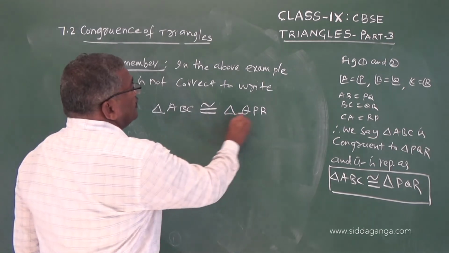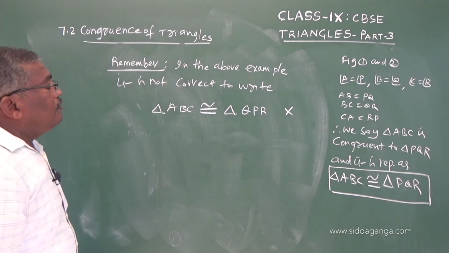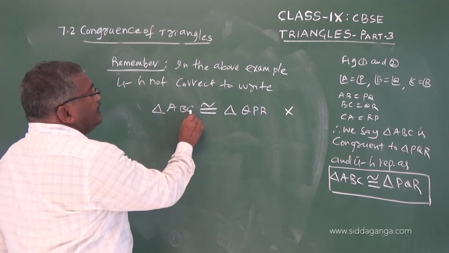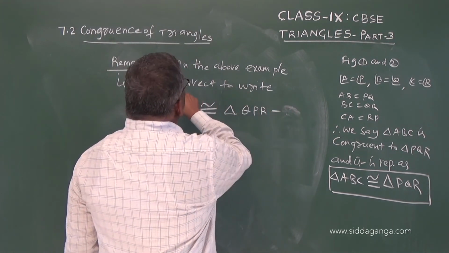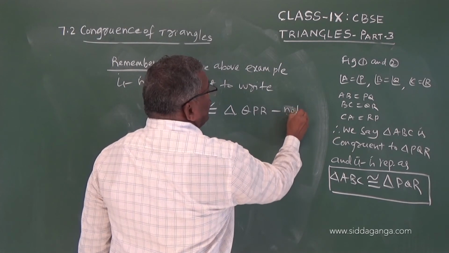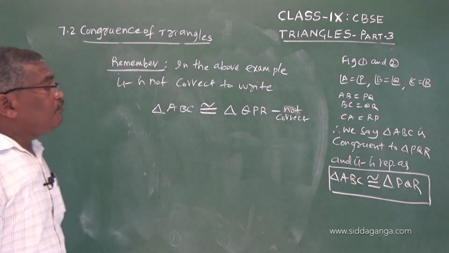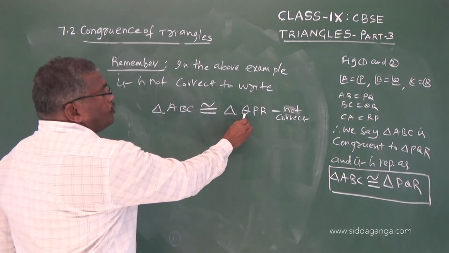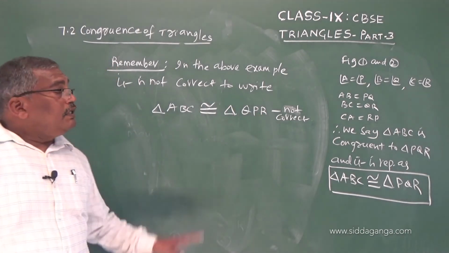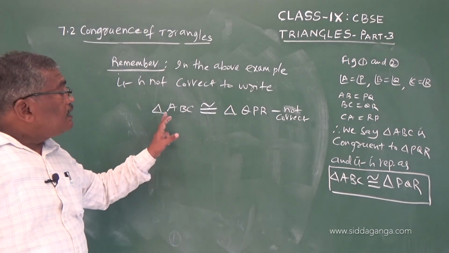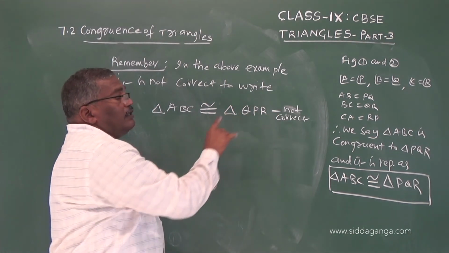So this is not correct. You can put a mark like this, wrong. Triangle ABC congruent to QPR is not correct. Why is it not correct? If you observe the figure, A should be equal to Q, B should be equal to P, C should be equal to R. So here it is not the case. So corresponding vertices should be written. So we cannot write like this.